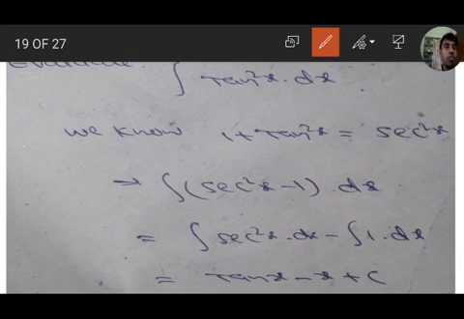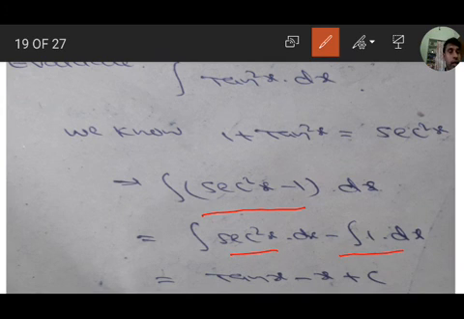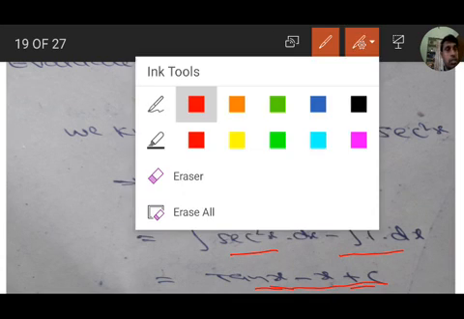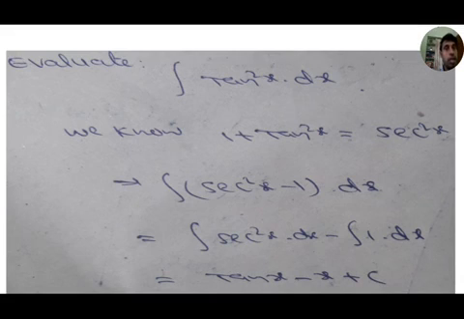Here we don't have the formula for tan square directly, so we used the trigonometric identity 1 plus tan square x equal to sec square x. Therefore tan square x equal to sec square x minus 1. So we separate integration of sec square x minus integration of 1 into dx. Sec square x integration is tan x, 1 integration is x. So tan x minus x plus c. Let us move on to the next problem.